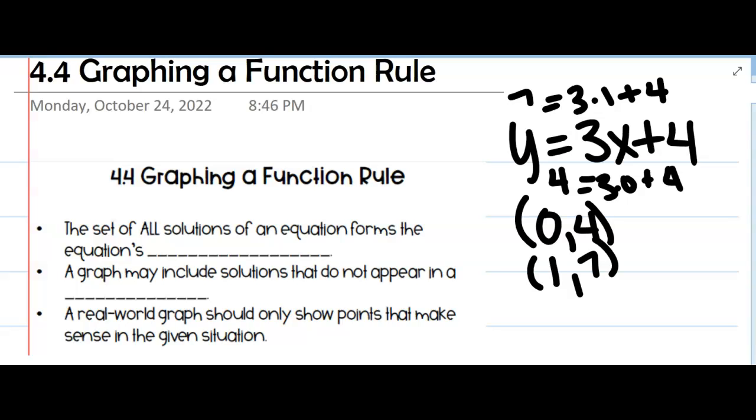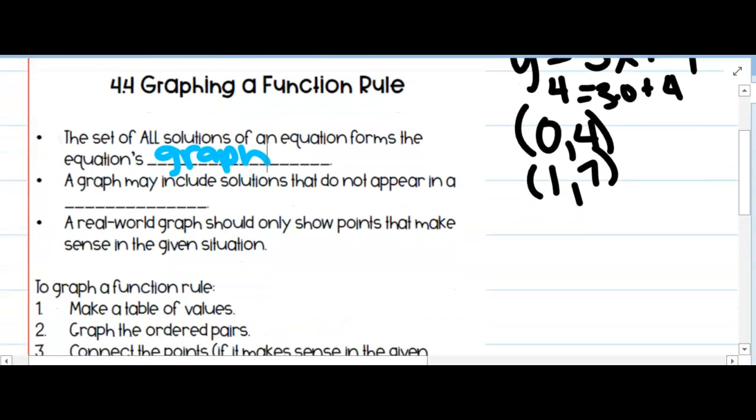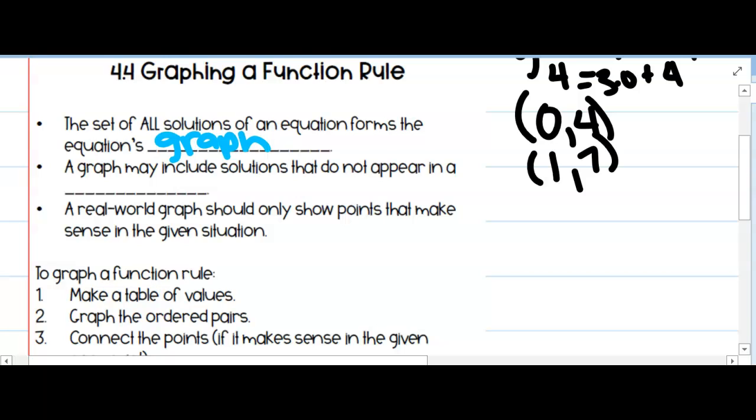So if I want to talk about the set of all of the solutions for an equation, that is going to form the equation's graph. Okay, the graph is the visual representation of all of the equation's solutions. Now here's the thing. What we're going to do today is generate a handful of solutions for each equation.